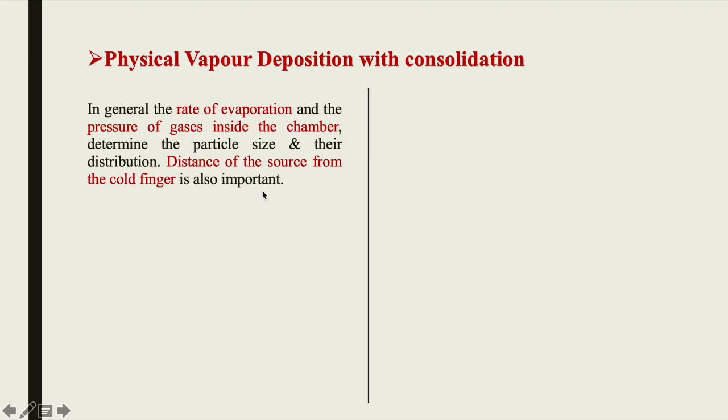So how can you control the nanoparticle size? The first parameter is the rate of evaporation. The second parameter is the pressure of the gases inside the chamber. The third parameter is the distance between the source and the cold finger. Depending on how much distance there is, you get the thickness of the layer you want to synthesize. Based on these three parameters we have to decide.